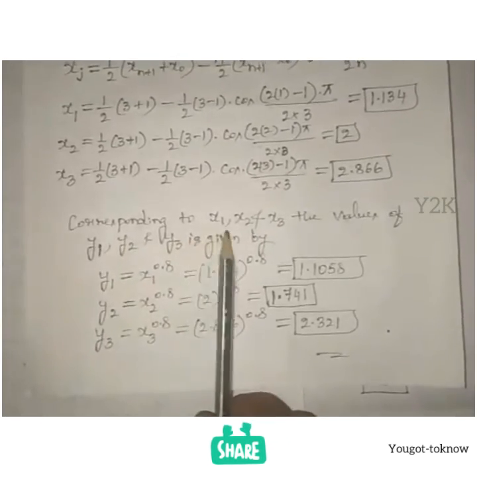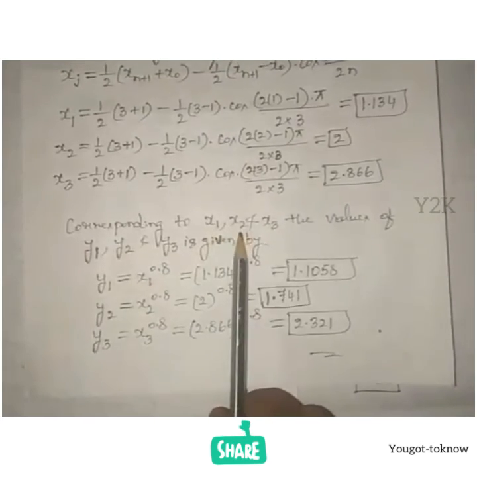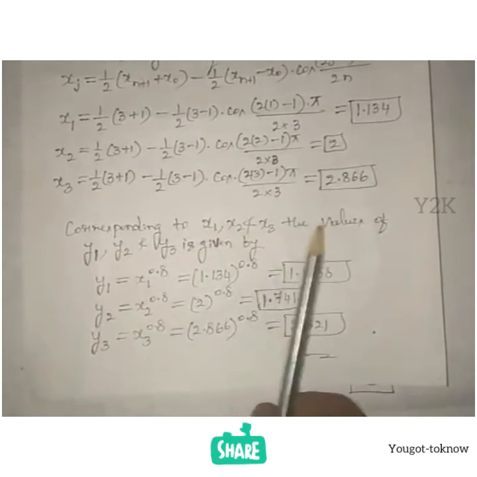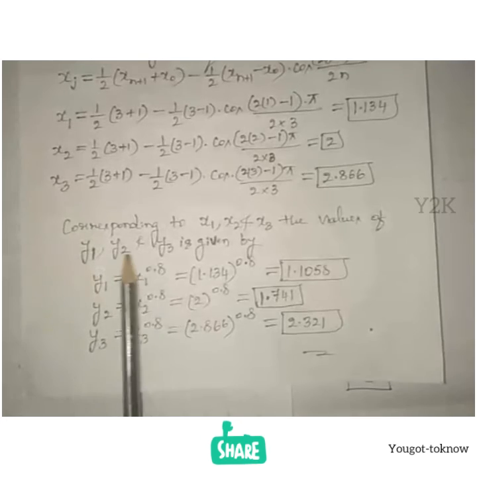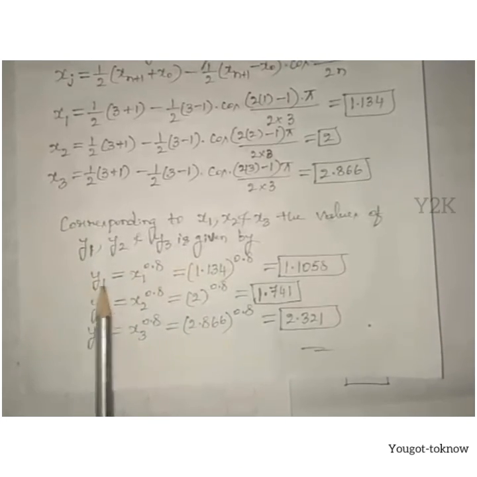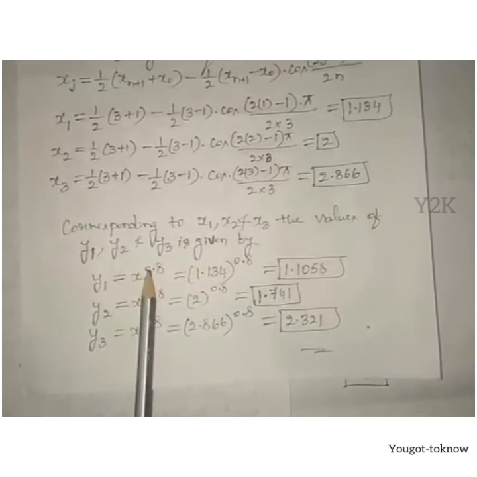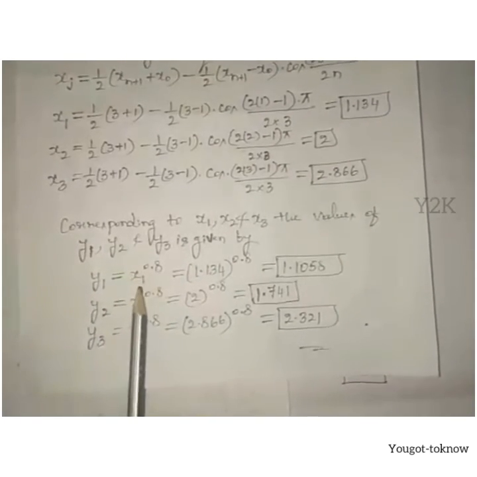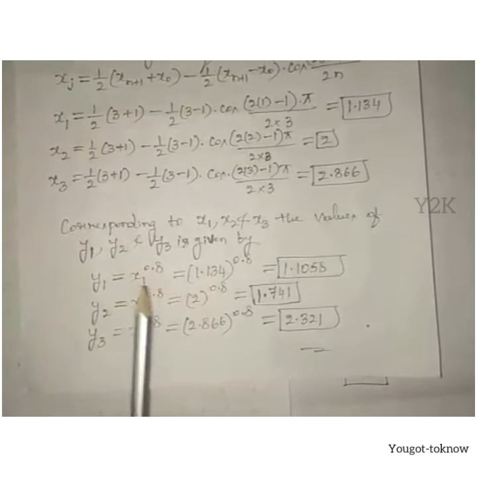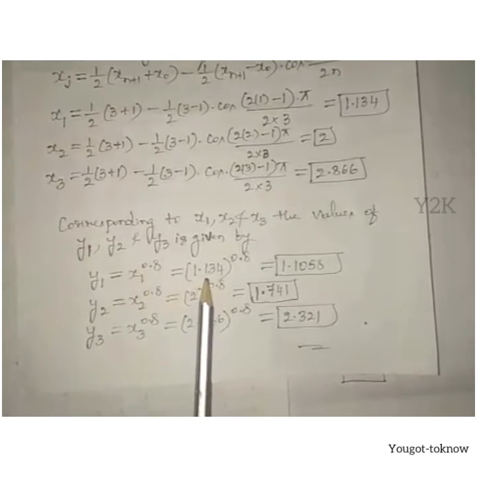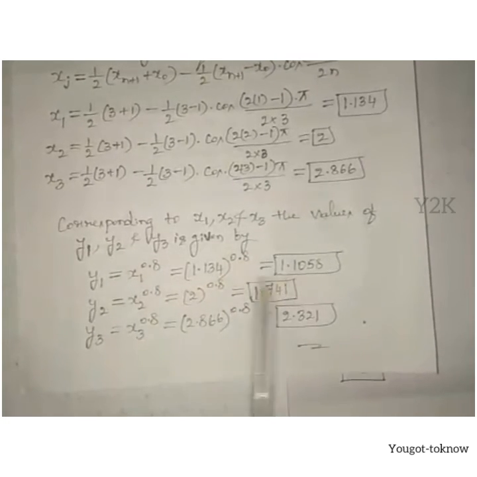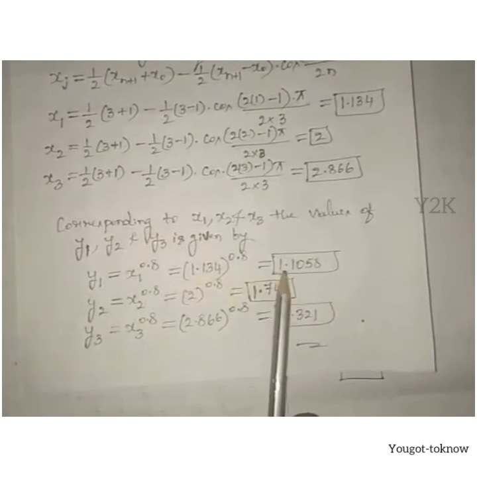Corresponding to the values of x1, x2, x3, the values of y1, y2, y3 are given by y suffix 1 equals x suffix 1 to the power of 0.8. We know the value of x1, that is 1.134 to the power of 0.8. Simplify, then we get 1.1058.